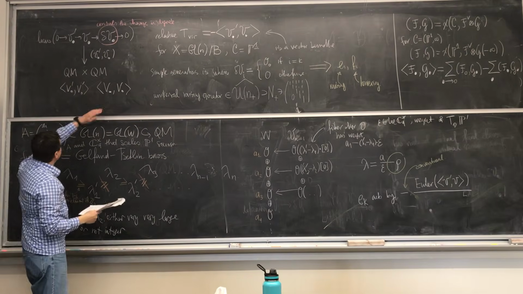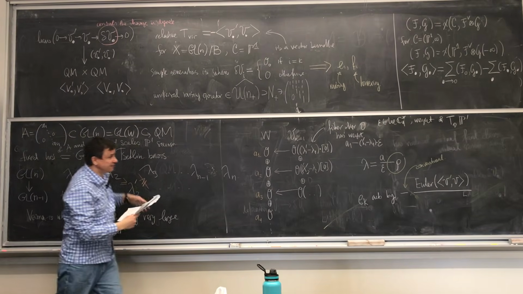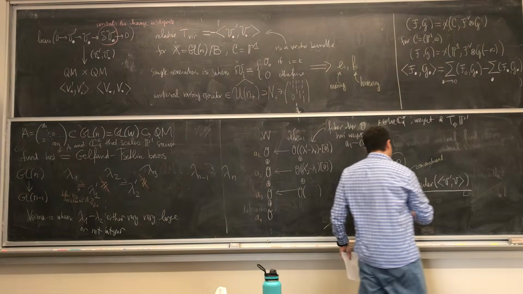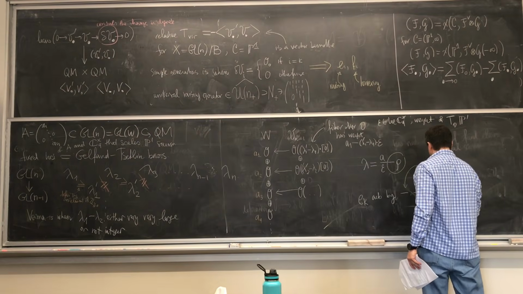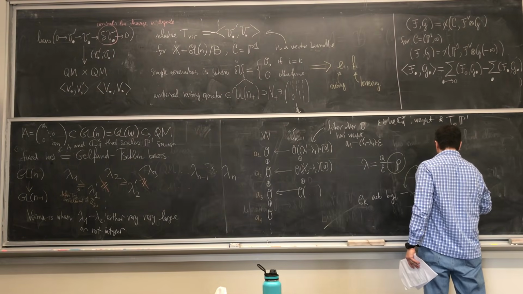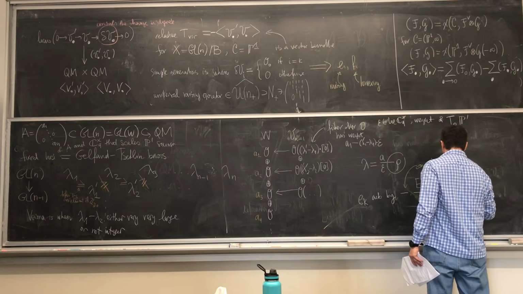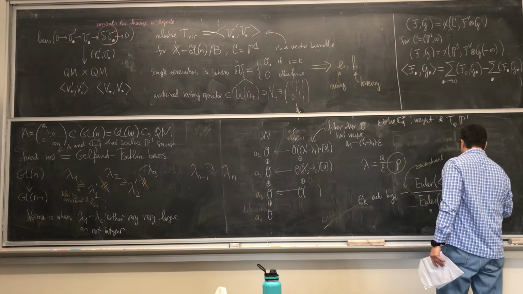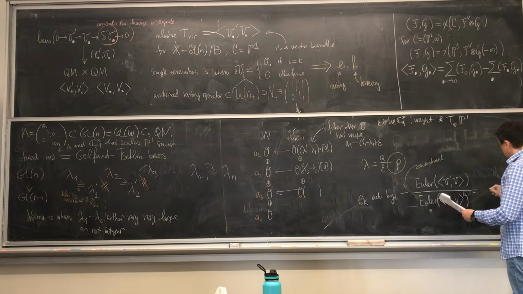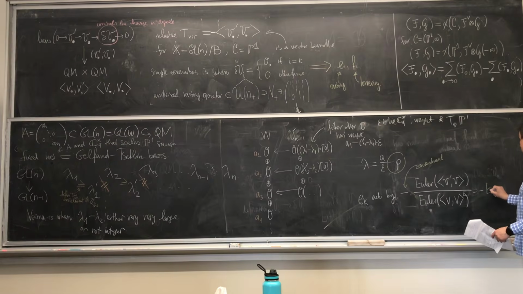That means over this side an integral. So I divide by the Euler class of. That is to say, this is minus the Euler class of minus delta V.